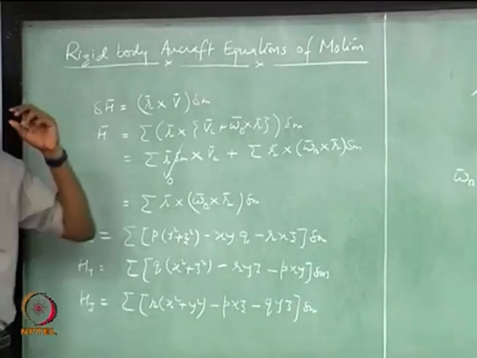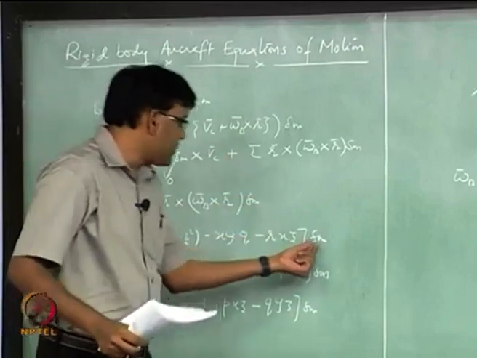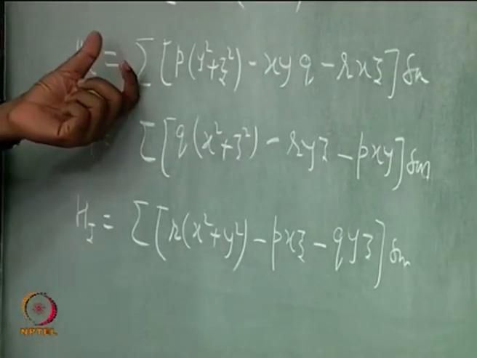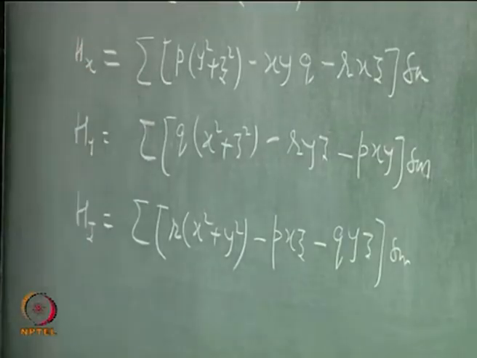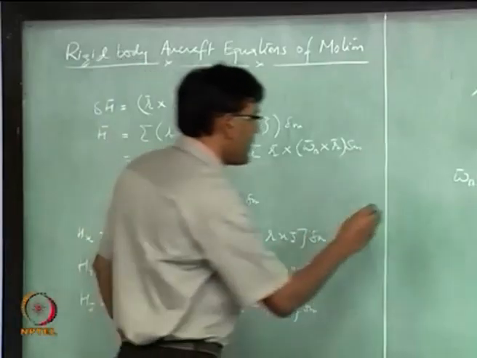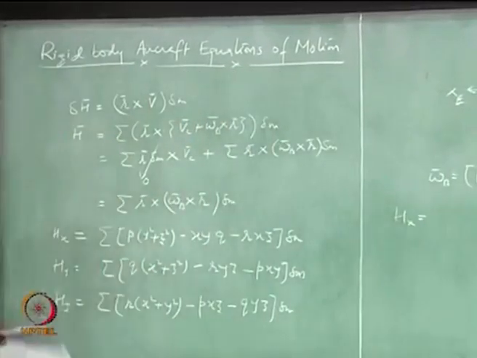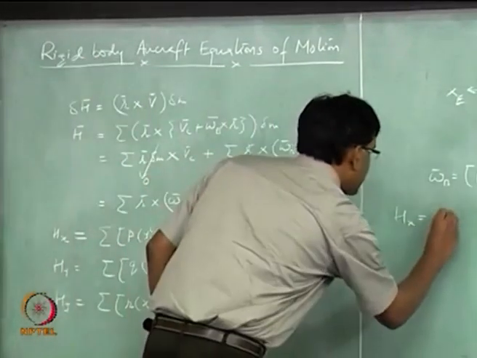In the event when we assume that this delta m is very small, this summation will become an integral, and then you can write these components as follows.